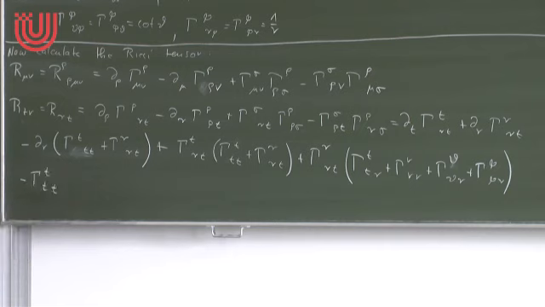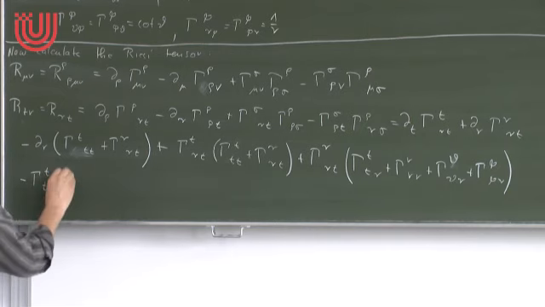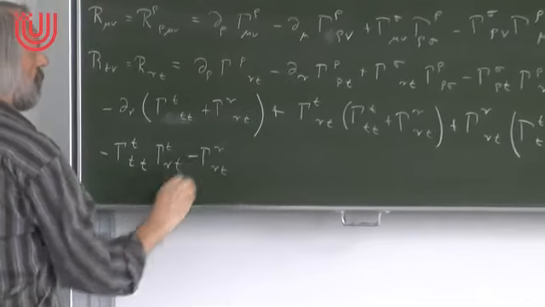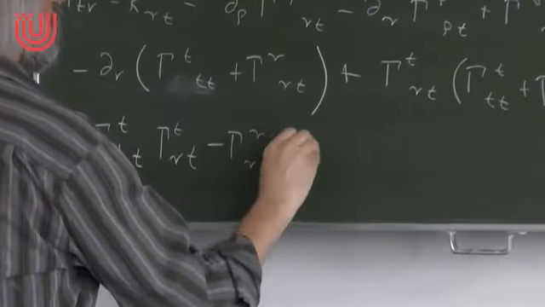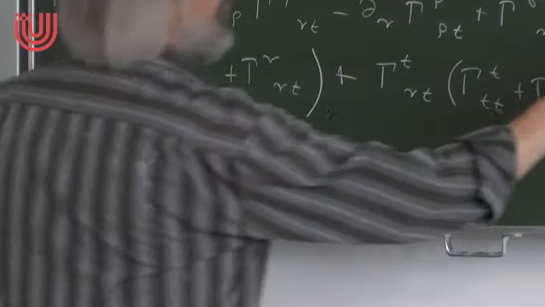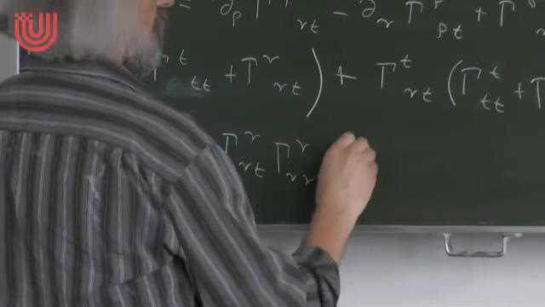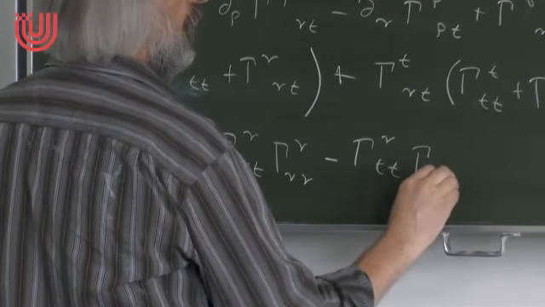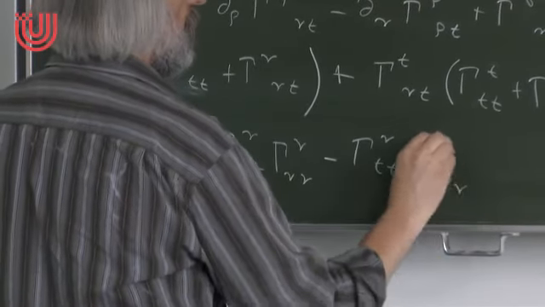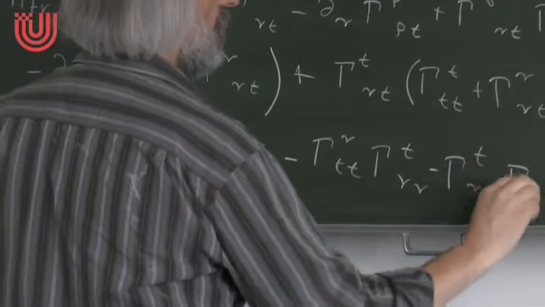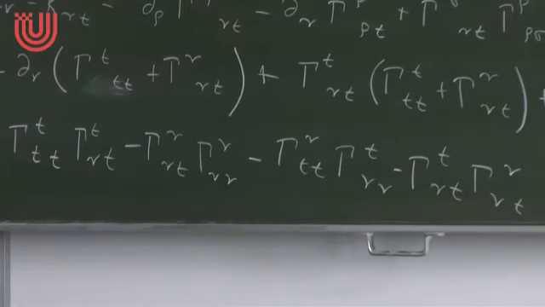For instance, where both are t, then I have here gamma r tt. And where both are r, I have here gamma r rr. And where one is r and the other is t, and vice versa: minus gamma t tr, gamma r rt, minus gamma t rt, gamma r tr. That's it.